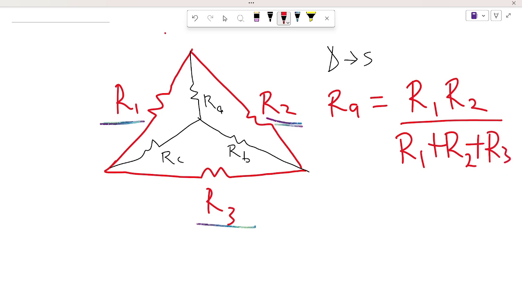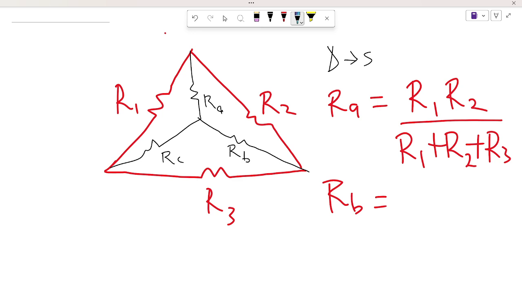Similarly, if we have RB and want to convert from the delta to the star, first of all, as we said earlier, we look at the ones adjacent to it.